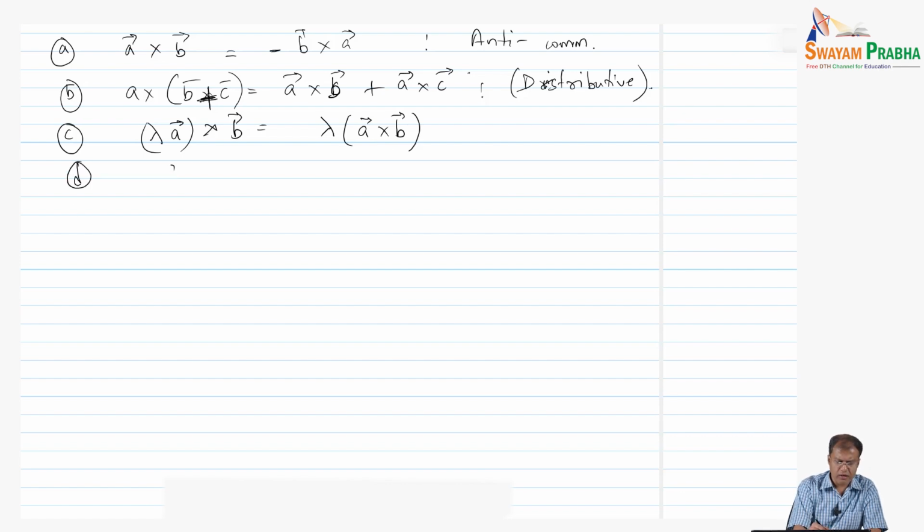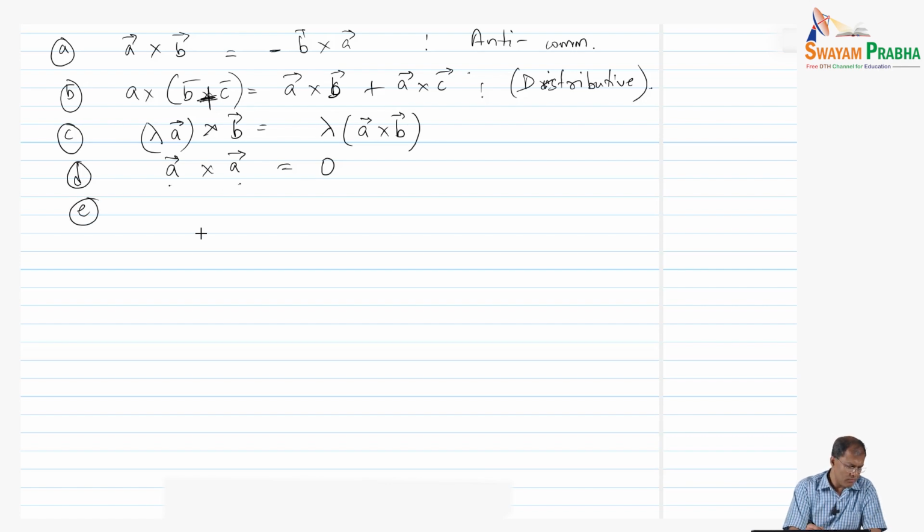Another trivial result is that the cross product of a vector with itself is going to give you 0, because the vector is aligned along the same direction. So the angle between these two vectors is 0, and sine of 0 is 0 in the formula of the cross product.